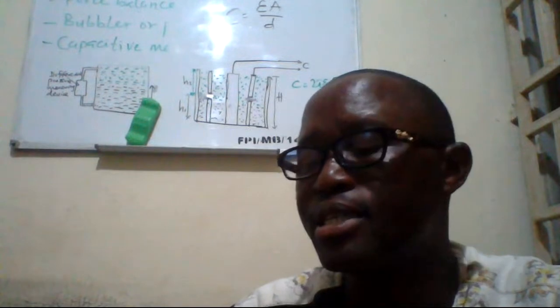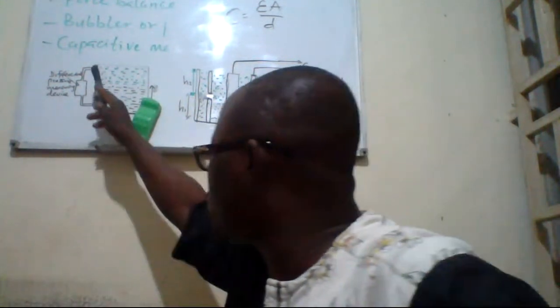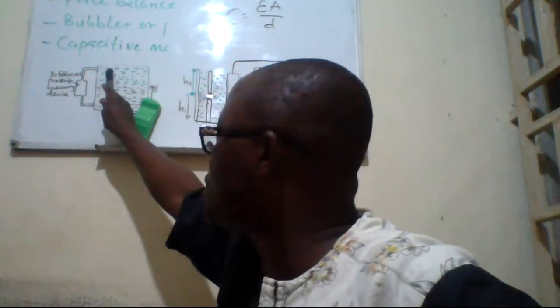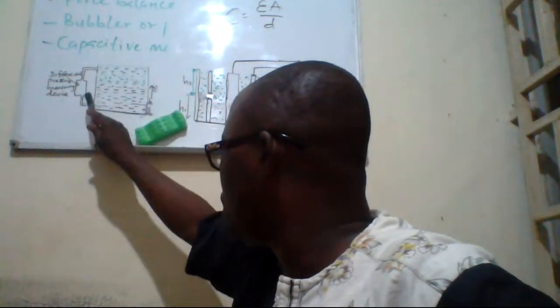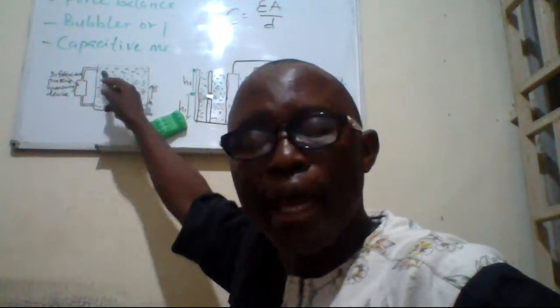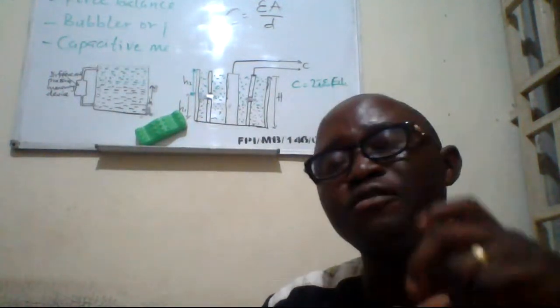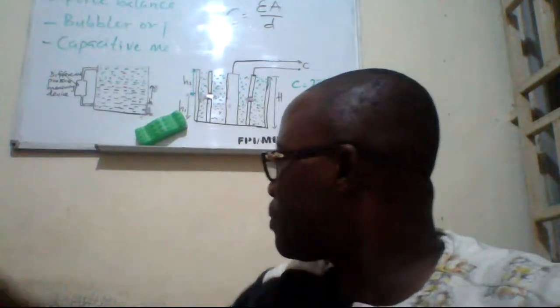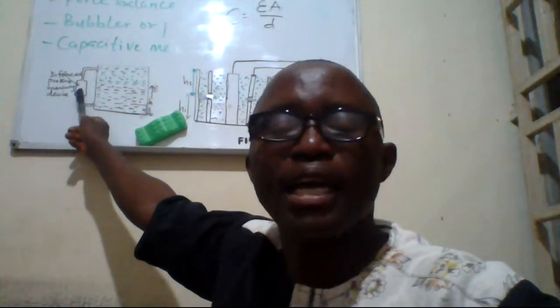Now the differential pressure is set up such that it's going to measure the upper part of the tank, like you can see on the whiteboard, and the lower part. The lower part has fluid, the upper part has vapor or air. So there's going to be a difference in pressure. A differential pressure device is attached to the tank like this.